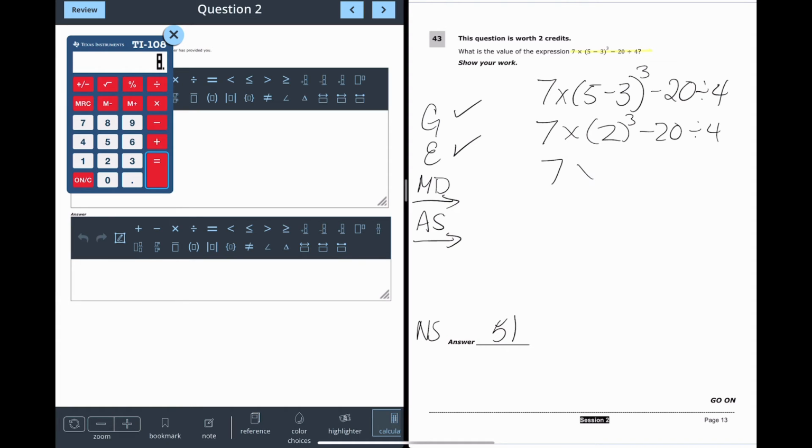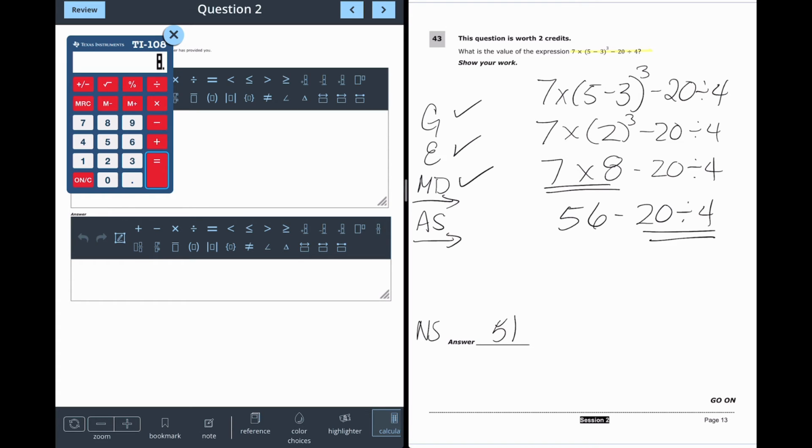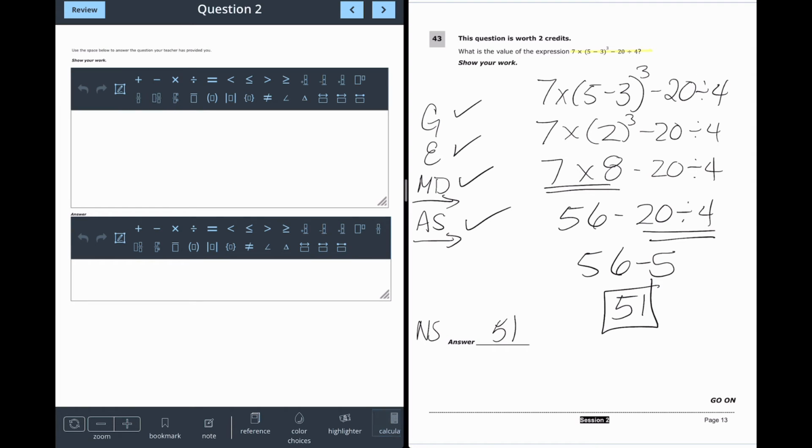And that gives me 8. Now multiply or divide from left to right. So I'm going to do this part first. 56. And then I'm going to do this part. 20 divided by 4 is 5. And now add or subtract, and I get 51. So there you have it. Nice and easy. So I get 51.